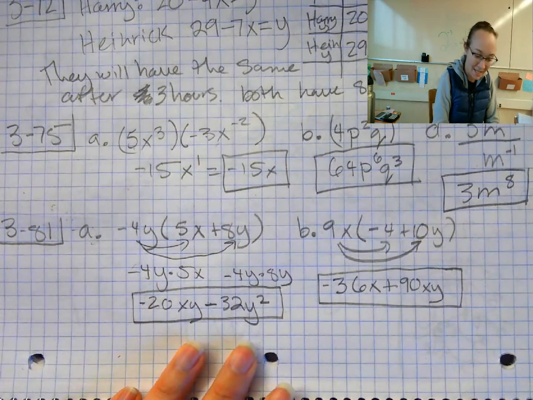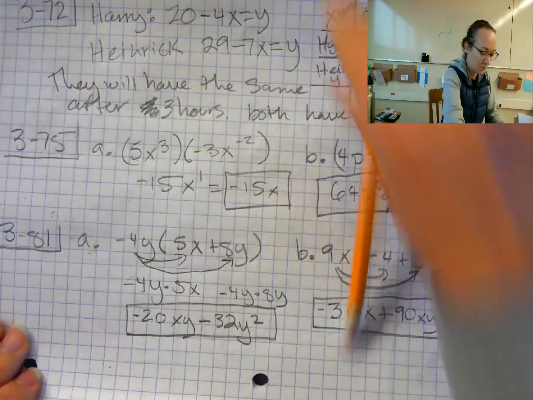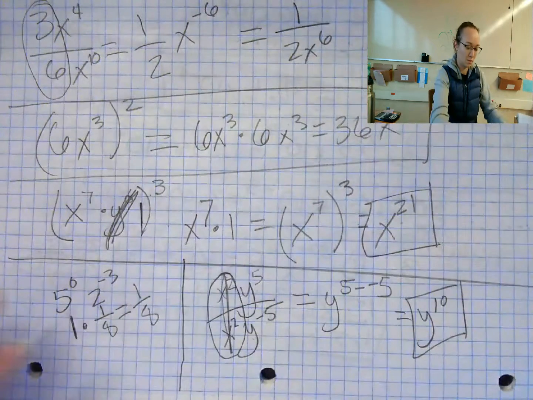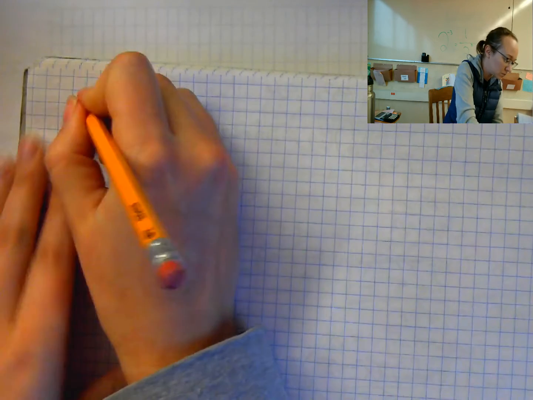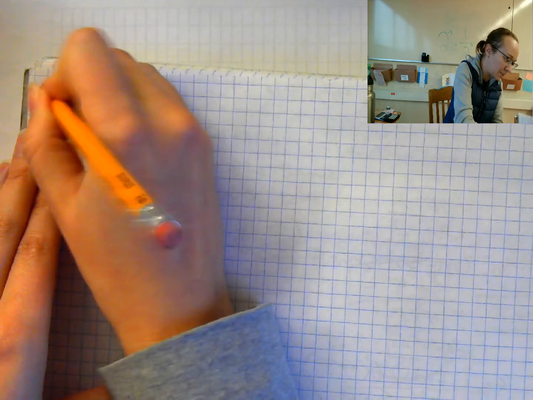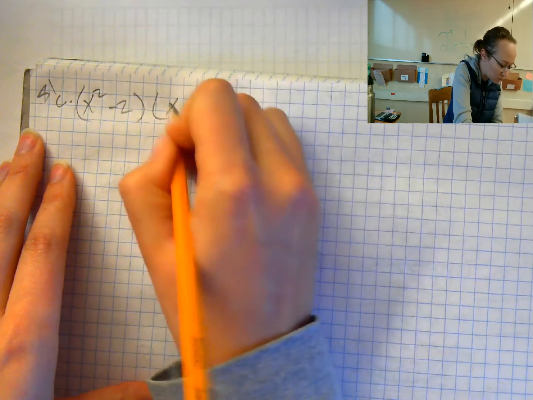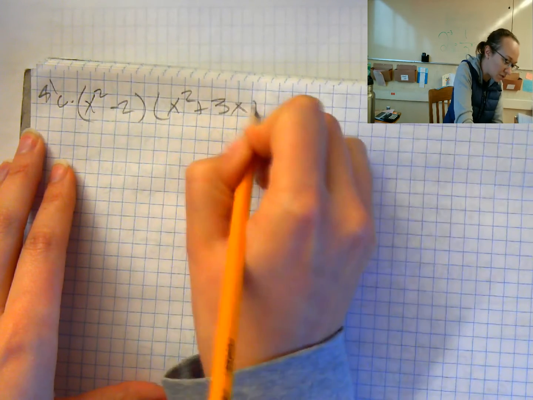And then on C, I do have to do a generic rectangle, so I'm going to flip and do that on a new piece of paper. So we have, this is 81C, x squared minus 2 times x squared plus 3x plus 5.